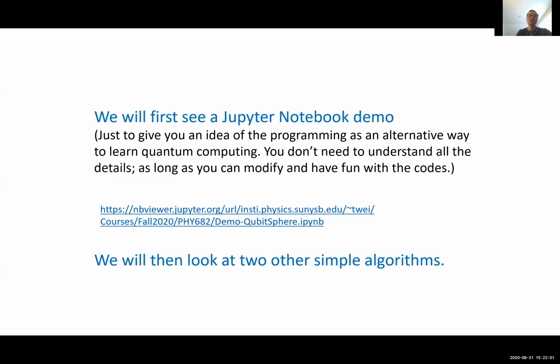Okay, so I said earlier we're going to see a Jupyter Notebook demo. But I want to emphasize you don't need to know the detail. This is just to illustrate. And for those who know Python and Jupyter Notebook, you can download and play with this. So it's here.